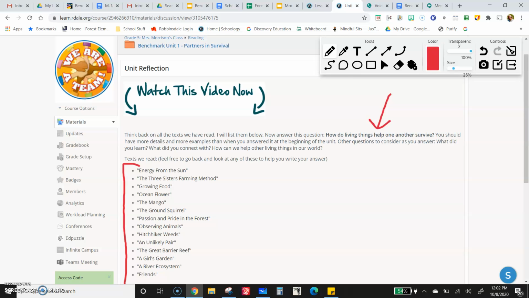You can also consider what you might have learned in the unit, what you connected with, how can we help other living things in our world.